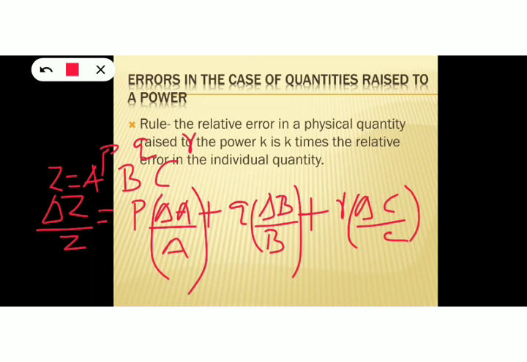After that, what you want to do in the case of error? Okay, in the case of error, if it is a multiplication or division process, you must add the relative error. But at the same time, if it is an addition or subtraction process, you must add the absolute error. So this is the summary of this particular session.